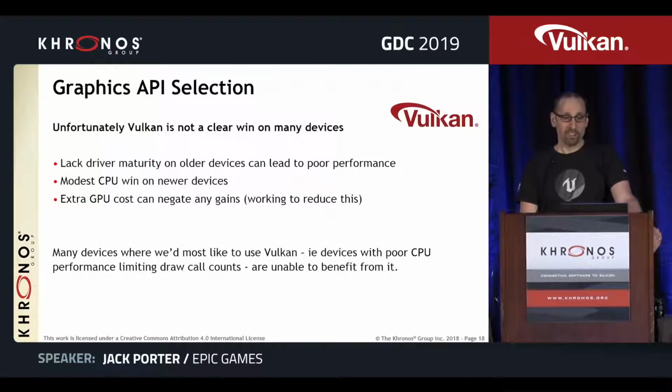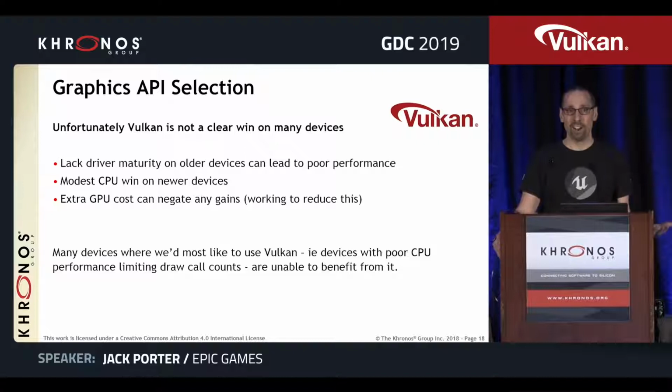And that's unfortunately because Vulkan is not a clear win on especially older devices. So lack of driver maturity on older devices leads to poor performance. And I've got to say that things have really improved, and current modern devices are great. Problem with that is that modern devices are also very performant.